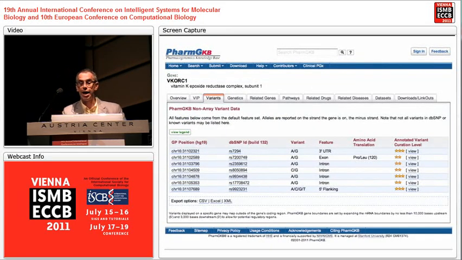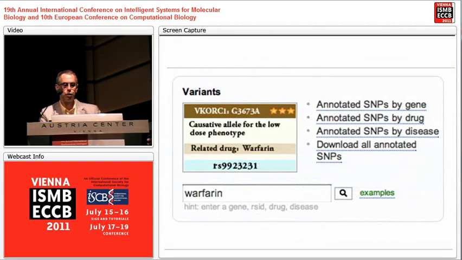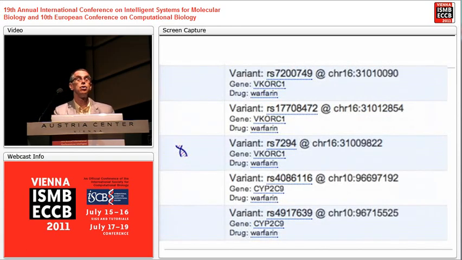If I go to VKORC1, which is a famous gene that modulates warfarin response, you have a list of SNPs that the curators have annotated, which give you detailed information about the different alleles of those SNPs and how they relate to the drug response. So I can go to the variant search and I can type in warfarin, and then I'll get variants in the human genome associated with this drug.